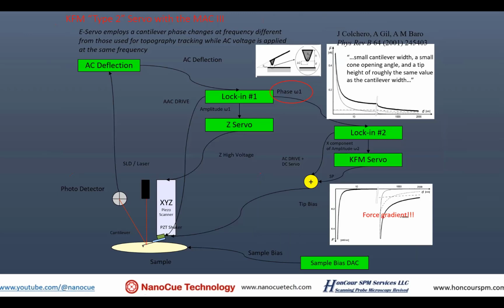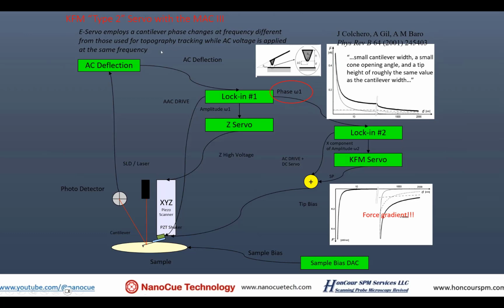This is one more step more advanced than the single pass. This is called the frequency modulation detection Kelvin force microscopy. Basically, we will not only detect the oscillation, but also the gradients, the phase shift, or in other words, the resonant frequency shifting because of the force gradient between the tip and sample.